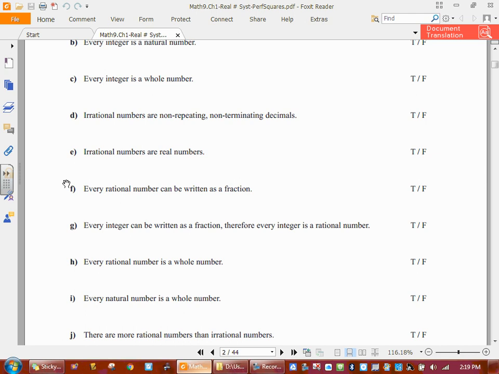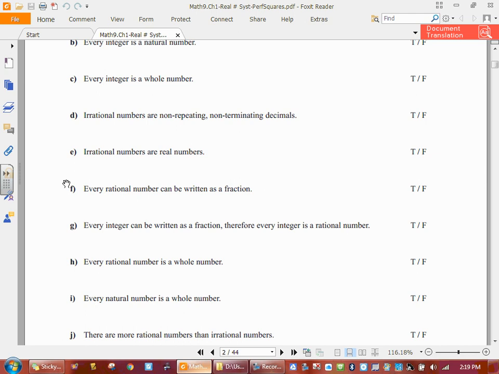Now, the next one says, okay, irrational numbers, the hat, is still part of the real number system. Is that true? Yes, it's still part of it. It's just on the other side of the other guys. So remember, there's two branches. The irrational branch and the rational branch.